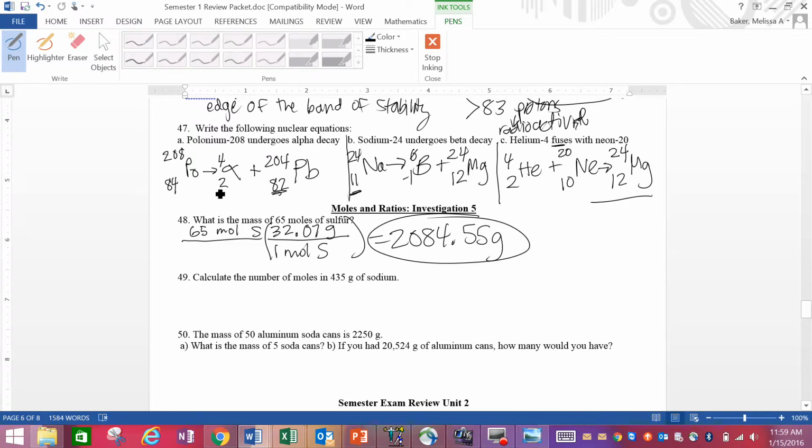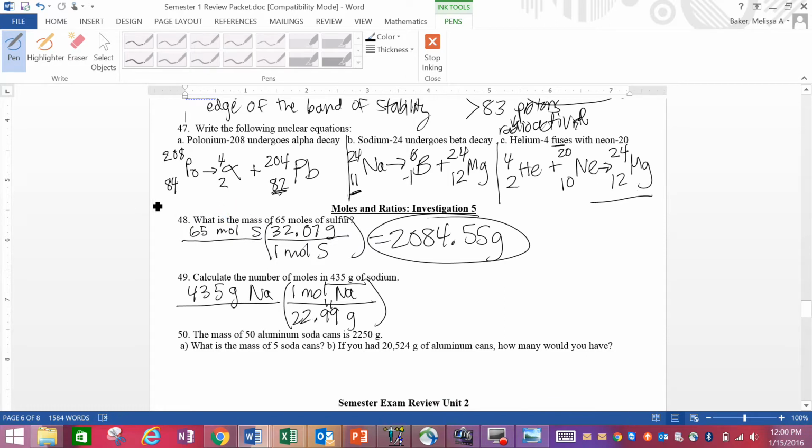How about this one? What if you're starting with grams and you want to know how many moles you have? So here you've got 435 grams of sodium. How many moles do you have? Well, you've got a lot because 1 mole of sodium from the periodic table weighs 22.99 grams. And you've got way more than that.